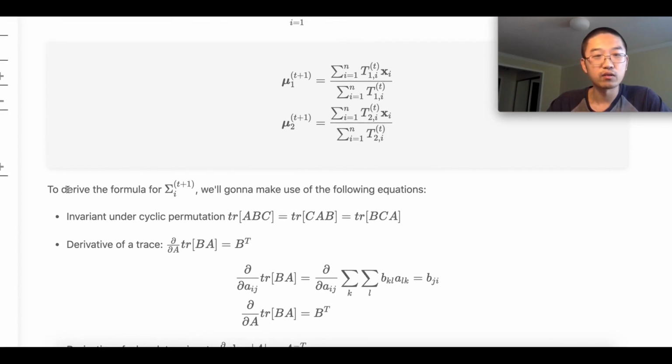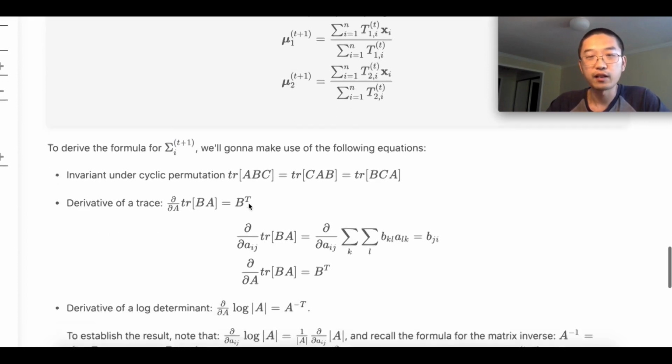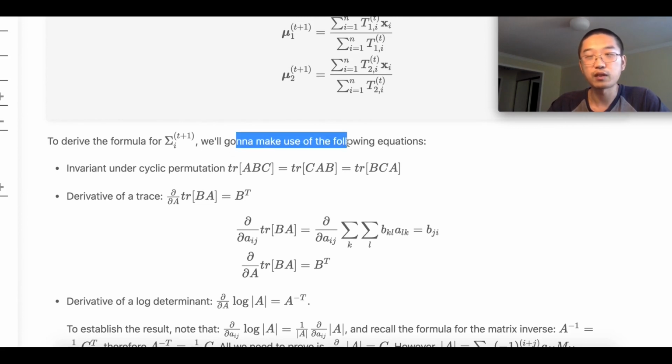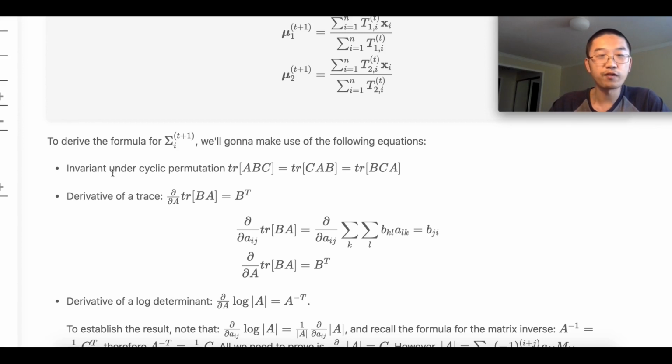Now we need to find the formula for the next iteration of sigma, sigma t plus 1, the next estimation for sigma. Here it will be a little bit more complex, so we're going to use a couple of equations. The first one is that the trace is invariant under cyclic permutation.